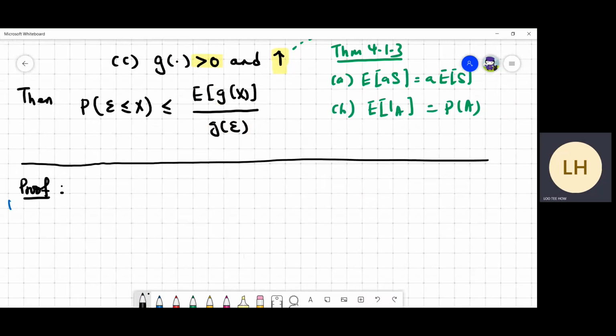Again, before we prove this theorem, we need to look at several observations.